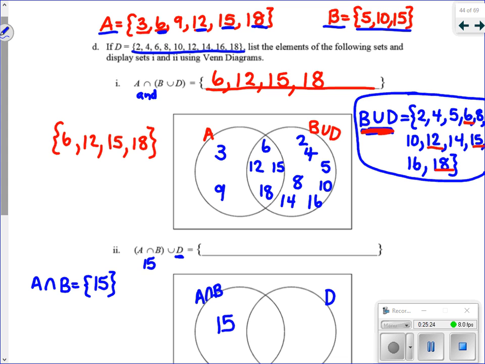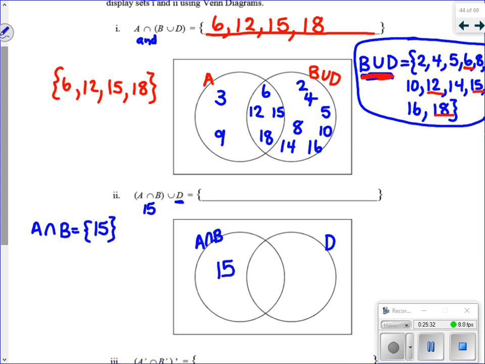Okay? So our set D is right here. We can label that on this Venn diagram right here. So that would be 2, 4, 6, 8, 10, 12, 14, 16, and 18.